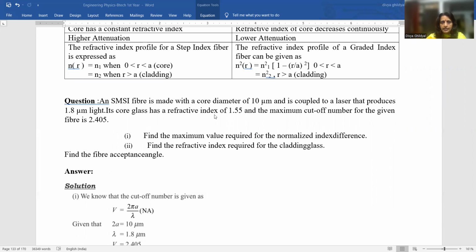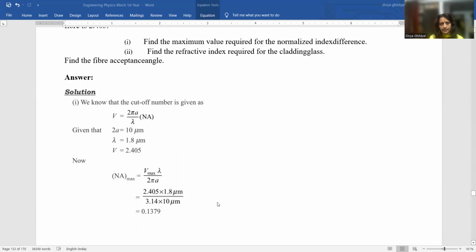Its core glass has a refractive index of 1.55, and the maximum cutoff number for the given fiber is 2.405. Find the maximum value required for the normalized index difference and find the refractive index for the cladding glass, and also find the fiber acceptance angle.